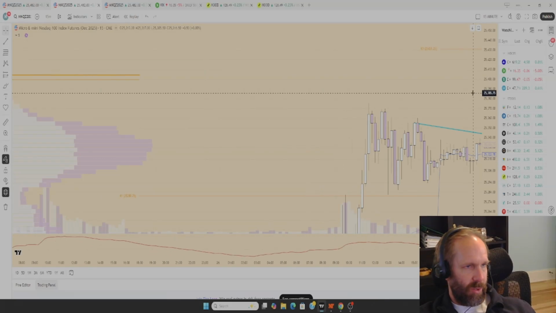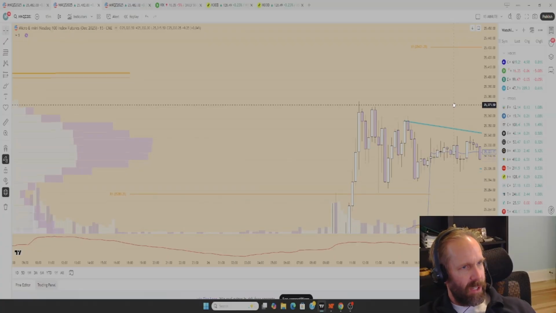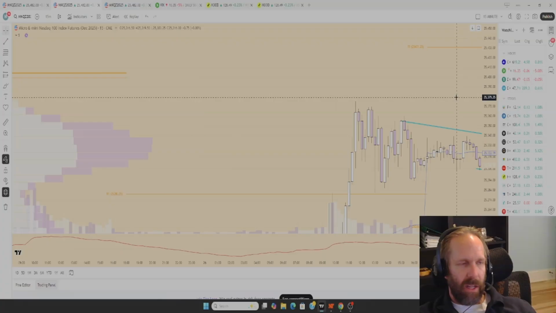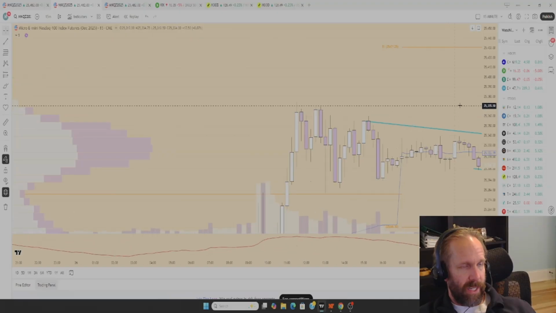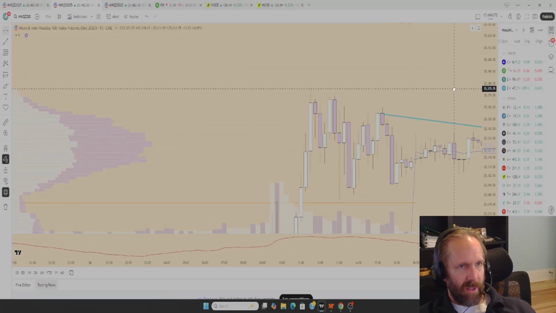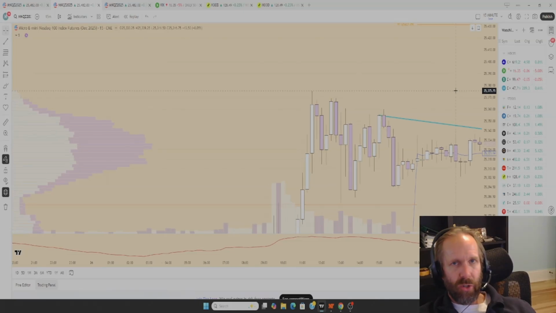Not many people who day trade are going to be holding a position that long, especially if there's that kind of chop. The point I'm trying to make is when you see overlapping bodies and they're not really moving with any sort of direction, more than likely, and also if there are a lot of wicks on the bodies, more than likely you're in a range, and that's the time to not be trading breakouts.